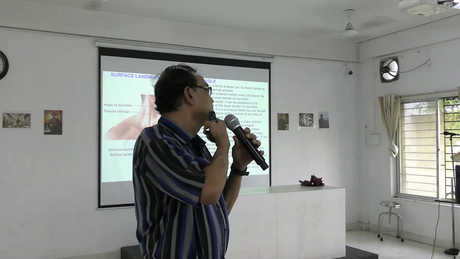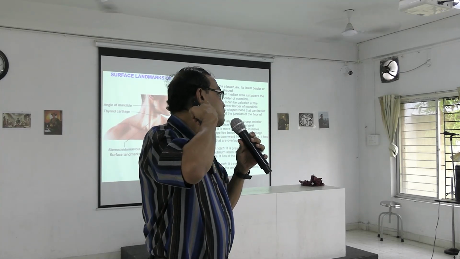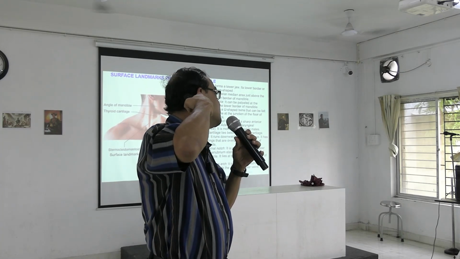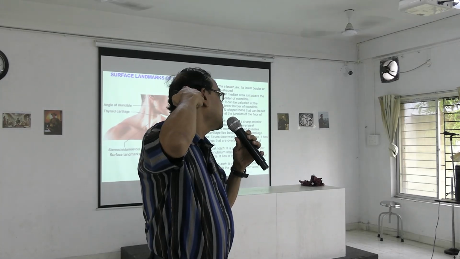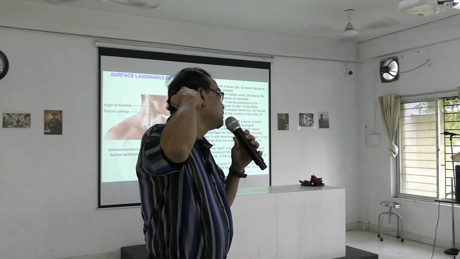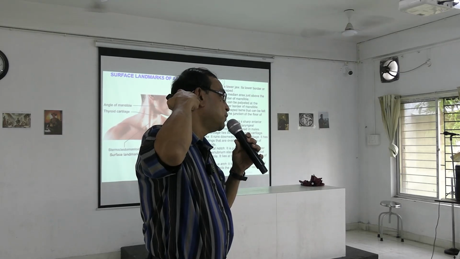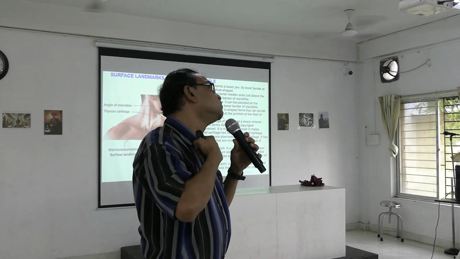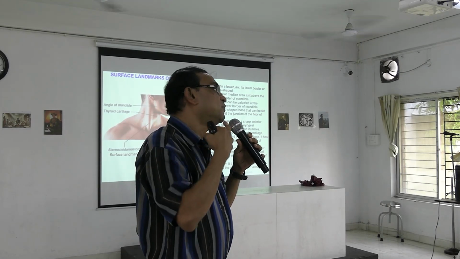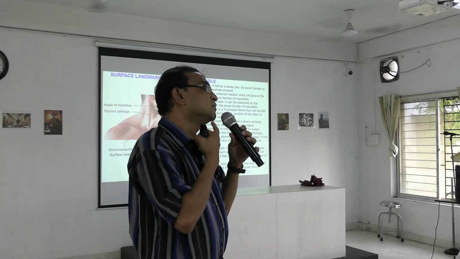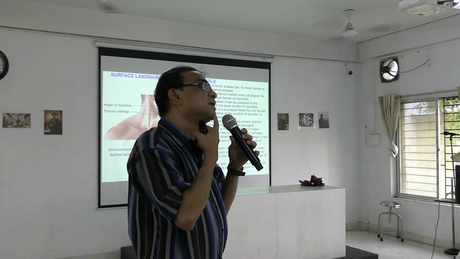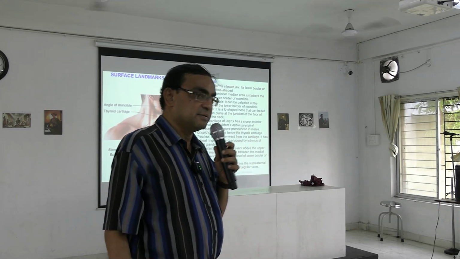That means chin, base, angle, and the imaginary line up to the mastoid process of the temporal bone. So this is the boundary, and in front there is the midline of the neck.